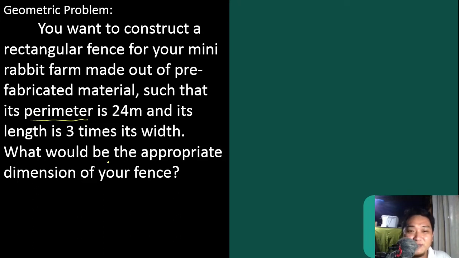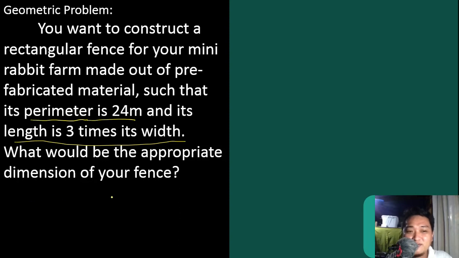Pagka sinabi nating perimeter, pagka inadd natin lahat ng bakod niya, that would measure 24 meters. So the first situation is dapat ang perimeter niya is 24 meters, and the length is 3 times its width.